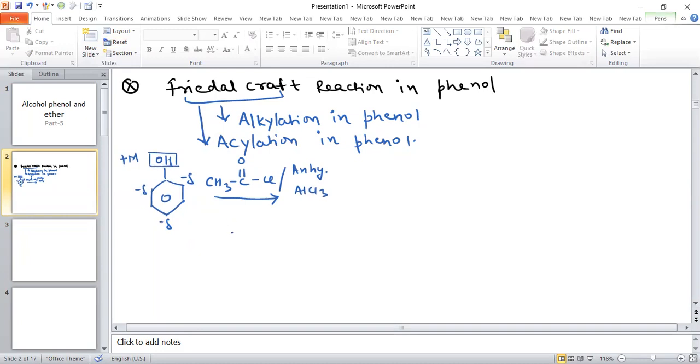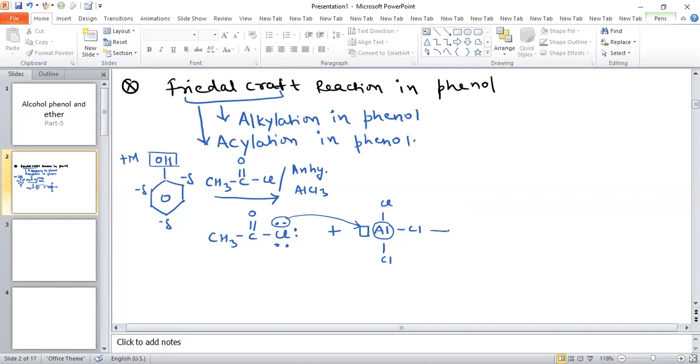Now you can see we have CH3COCl. This chlorine has a lone pair of electrons, and this aluminium is the central atom with electron deficiency, so there is a vacant orbital. This electron rich chlorine will donate its electron pair to the vacant orbital of aluminium.